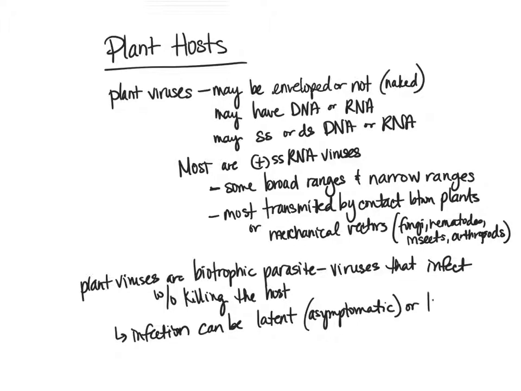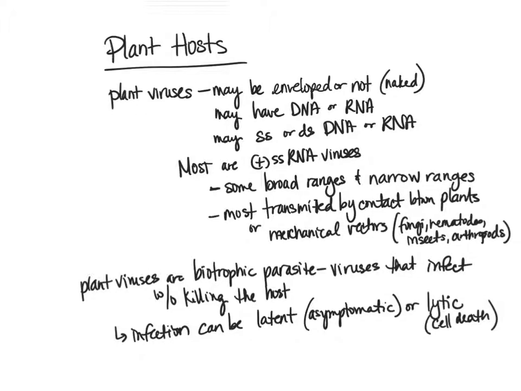Or it can be lytic, and so this includes cell death. So when we're talking about cell death, we could see the death of some pieces or parts of the plant, not the entire organism, but we can see different areas of the plant that might be dying, and that would be due to a particular virus.